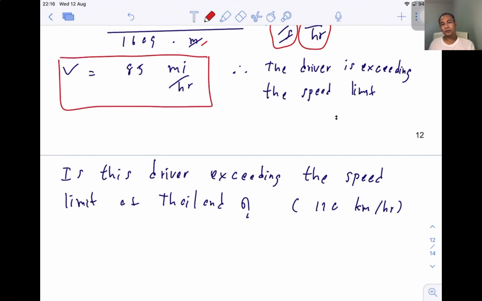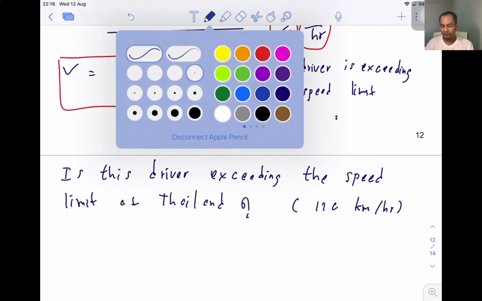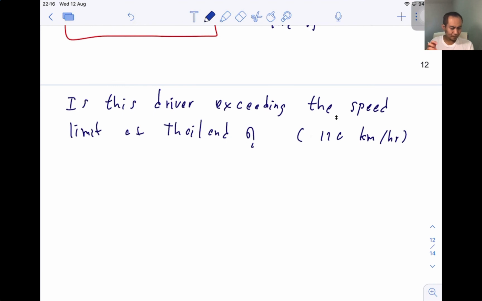How do we convert 85 miles per hour to kilometers per hour? This is quite easy. Follow me. We got V equals 85 miles per hour, and then we use that table again.